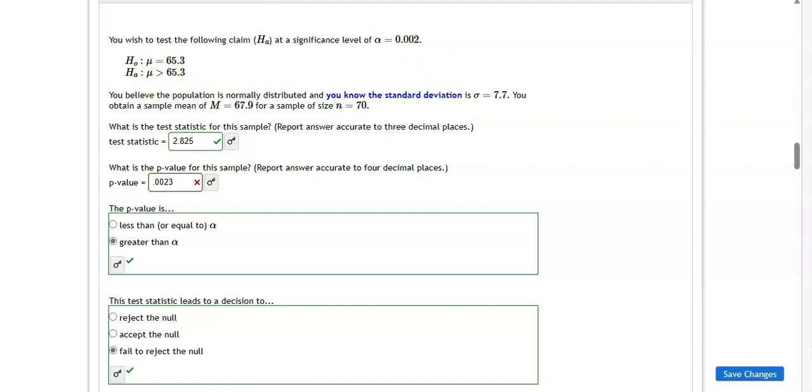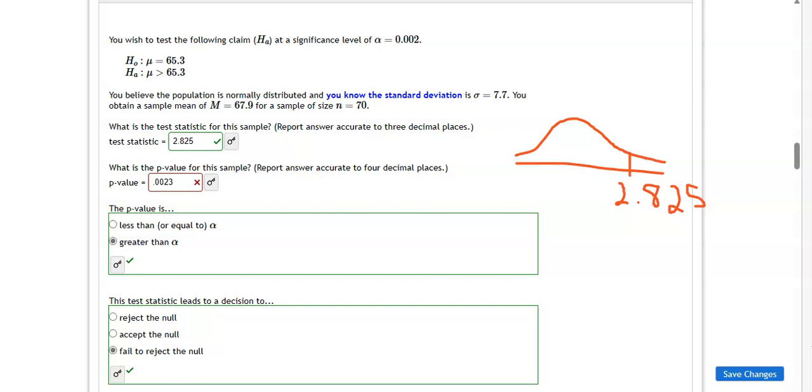When we look things up in Excel, well, my curve is horrible drawing, but when we look up 2.825, it's way over here somewhere. And when we look it up, it's going to give us all the area on the left side over here. But we want this little tail out here. So we're going to have to subtract what we get from 1.